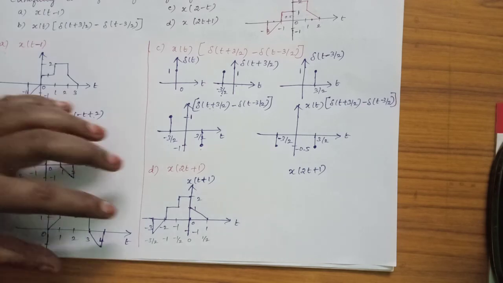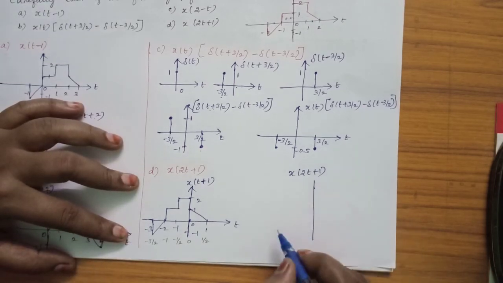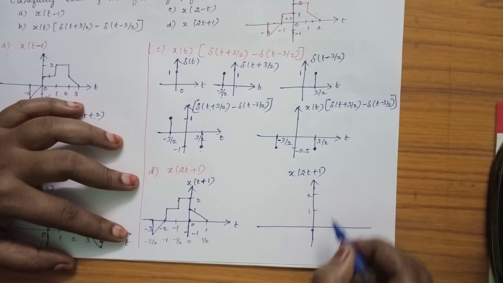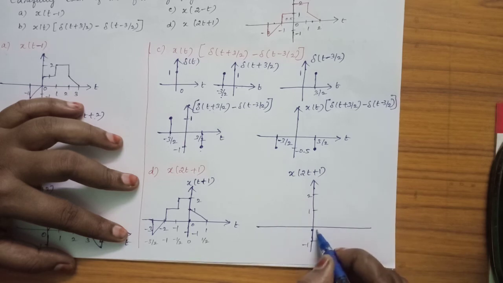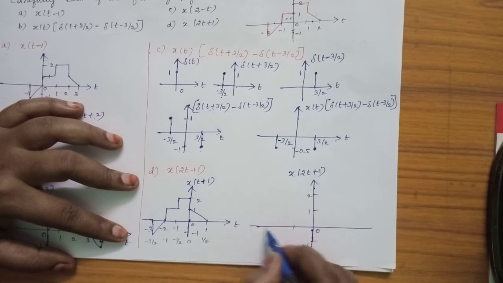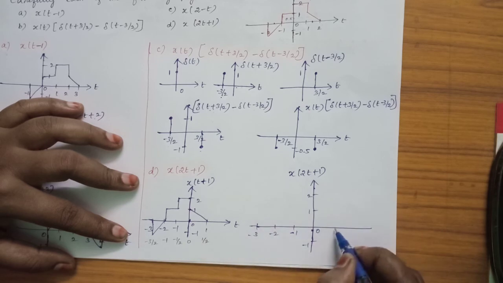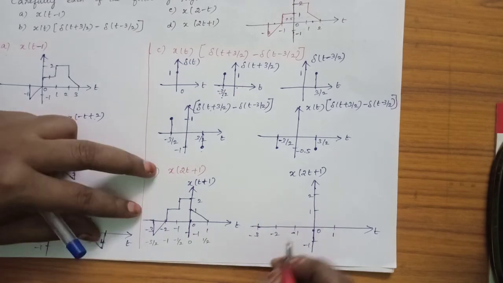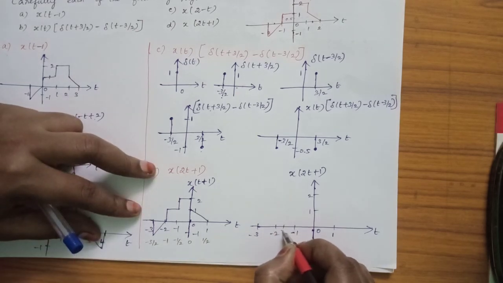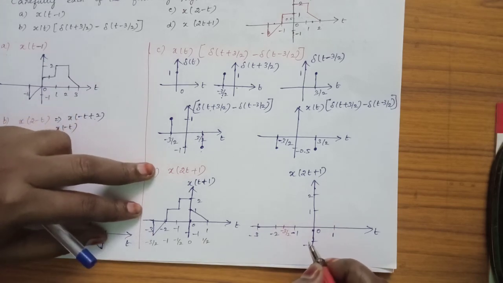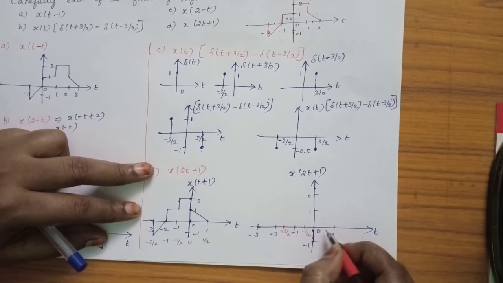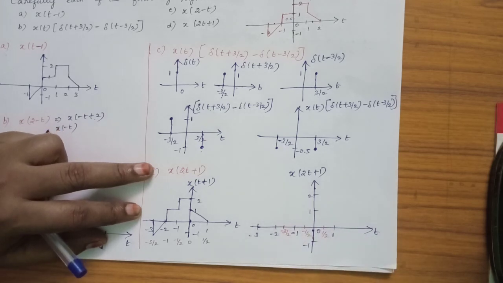Okay, then the new signal will be minus 3 by 2, that is minus 1.5, minus 1 and minus 1 by 2, 0 and plus 1 by 2.